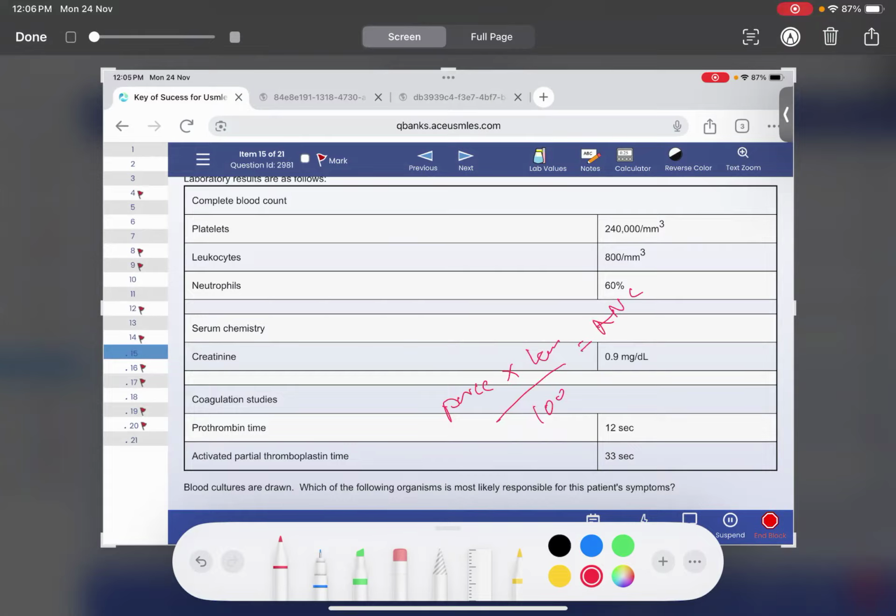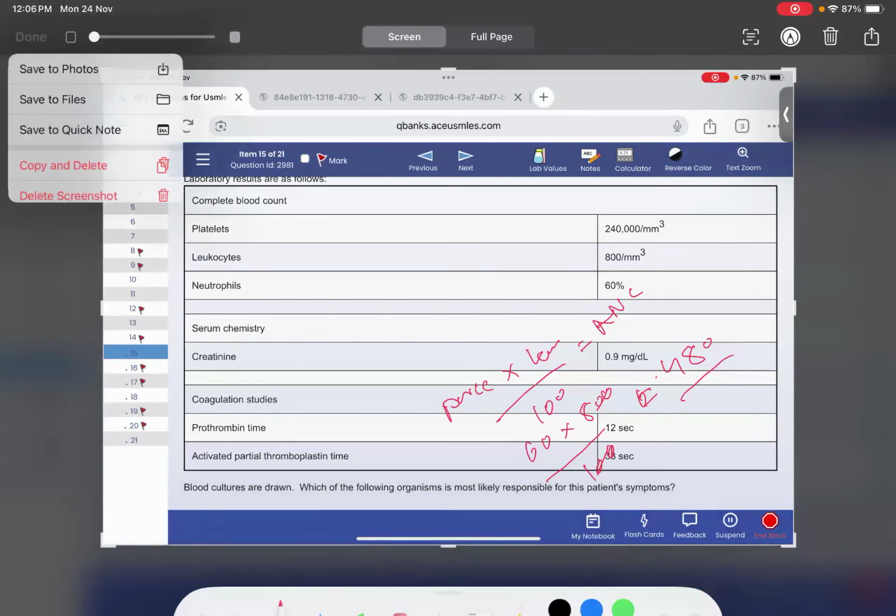So we have 60 multiplied by 800 divided by 100, which is 480. All right, so the absolute neutrophil count is lower than 500.